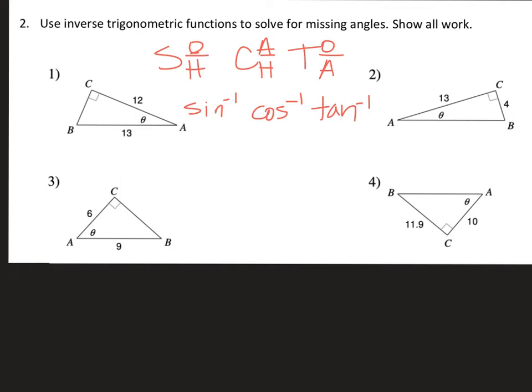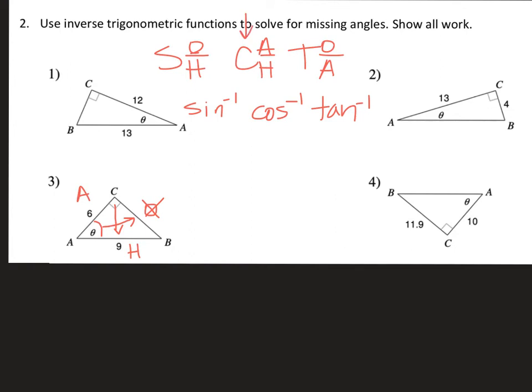All right, so starting with number 3, first of all, I've got the angle that they label right here. That's angle theta. I'm going to label the side opposite O, the side across from the right angle H, and the leftover side as A. Now, just like before, I'm going to cross off the one that doesn't have any information at it, and then I'm left with A and H. So A and H, I'm going to use my cosine function.